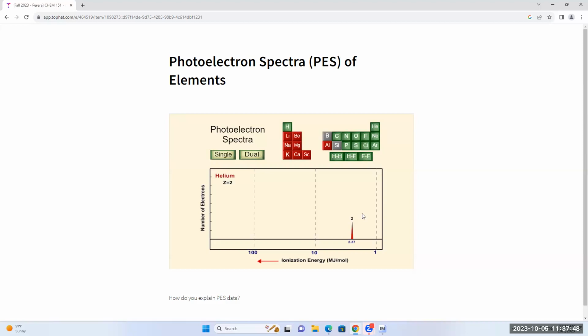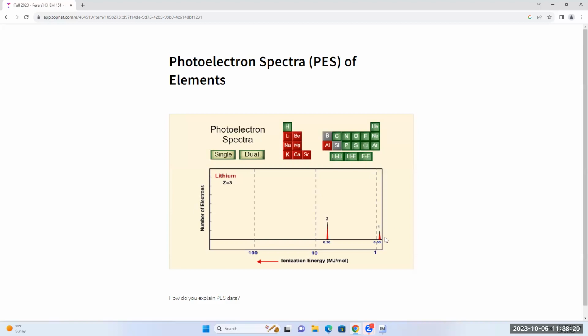Two peaks. Why? Two shells. Each shell has its own energy, therefore you expect two peaks. In the first peak, the first shell, you have 2 electrons, and in the second shell, you have only 1 electron, because there are only 3 electrons in lithium.